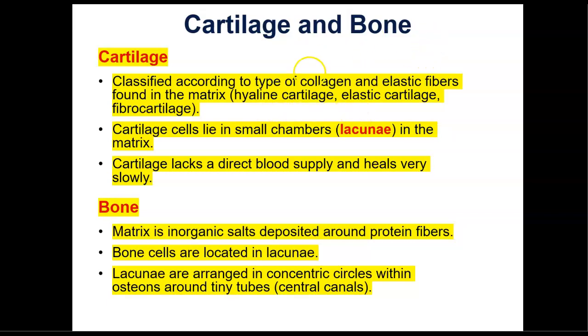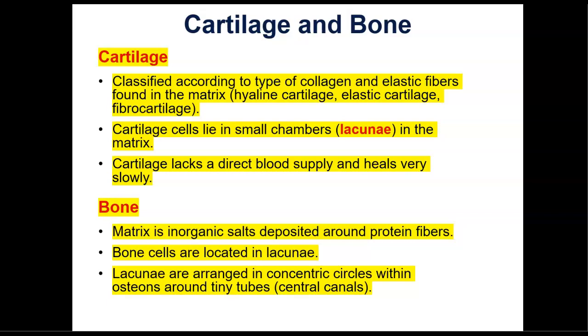So we've already looked at hyaline cartilage, but we also have elastic cartilage, like you find forming our outer ear. It's very bendy. And then fibrocartilage is a lot tougher. The intervertebral disc, the disc that you find between the vertebrae, those are composed of fibrocartilage.